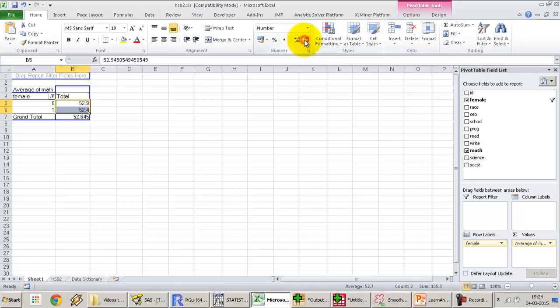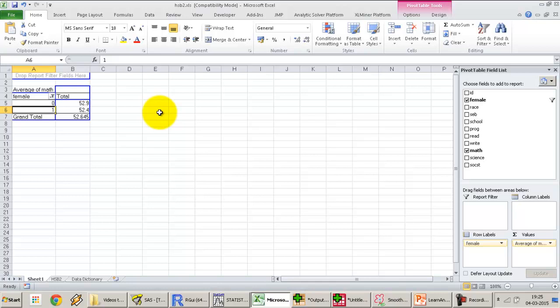So we've got approximately 52.9 for gender equal to 0, and we've got 52.4 for gender equal to 1. We want to test whether gender has any impact on math score or not. So a two sample t-test is essentially going to test the impact of gender of the child on the scores of the child.